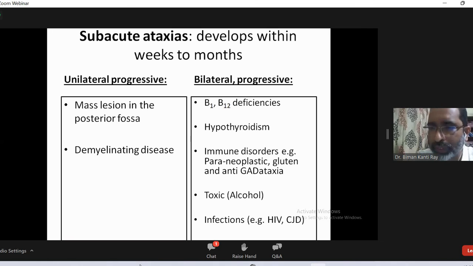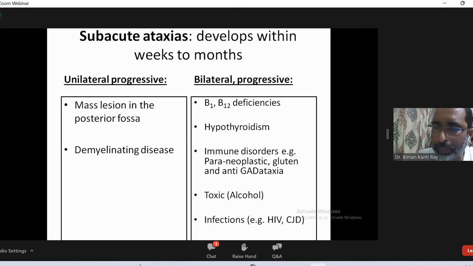These are the four things: paraneoplastic, anti-TPO, anti-GAD, anti-gliadin. And the other important causes are infection, particularly CJD and HIV.